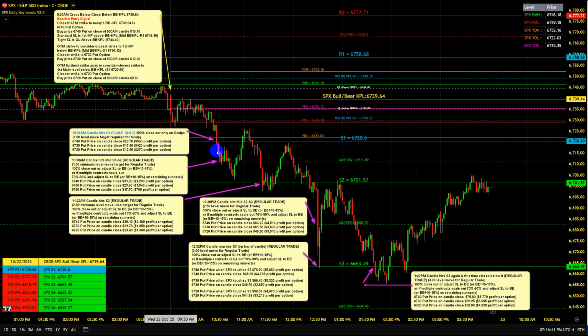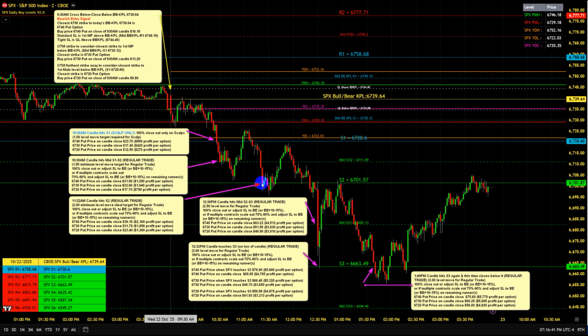A 1.5 level move is a regular trade, and that gives you the option of either closing them all out, doing a stop loss adjustment to break even or break even plus the buffer, or scaling out 70 to 90% and then doing a stop loss adjustment on the remaining contracts.